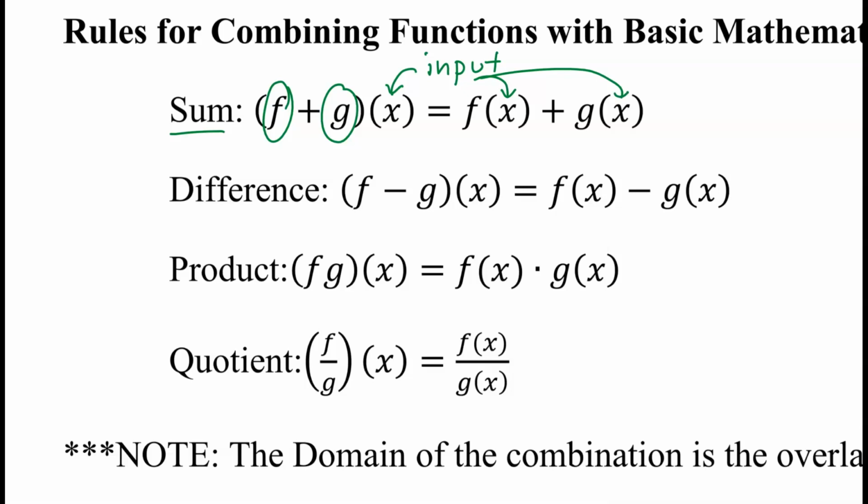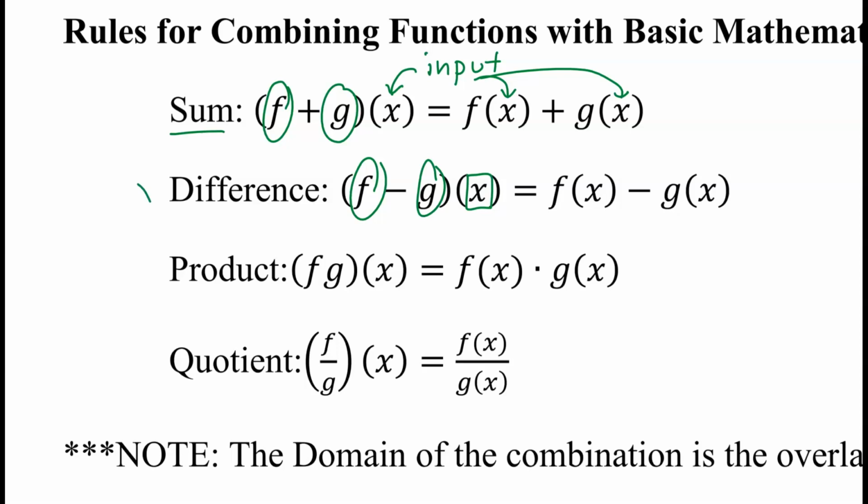So technically how you would read this is f of x plus g of x. And the same rule goes for subtraction, multiplication, and division. The two letters here are our functions, and the second set of parentheses defines our input. So on the second one, we are subtracting f of x minus g of x.